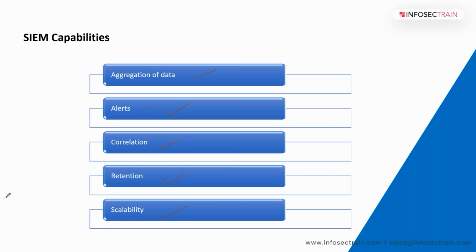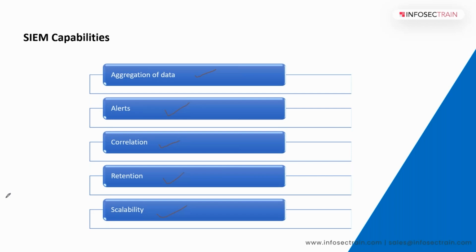Alert. Generate an alert for notification. Okay, so here your ticketing system will work. Generally, SOC people work on the tickets which have been generated, which have been notified, or when any sort of issue has been detected. That issue will be notified.